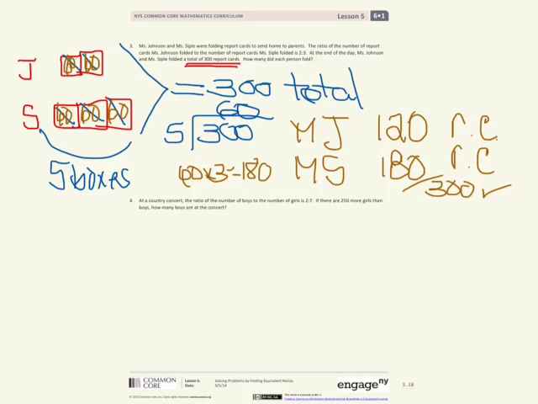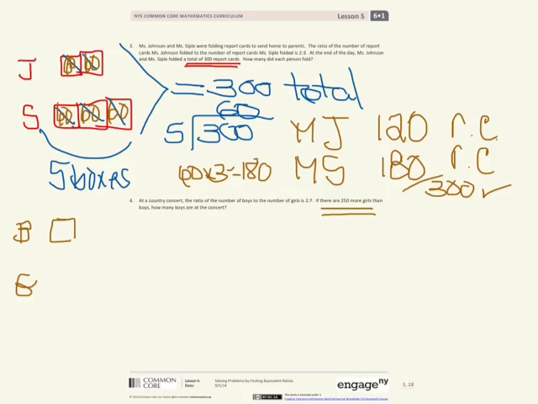Moving on to the next one. This is the problem where we're going to talk about more girls. This whole thing of more. So again, I've got a country concert. The ratio of the number of boys to the number of girls is 2 to 7.